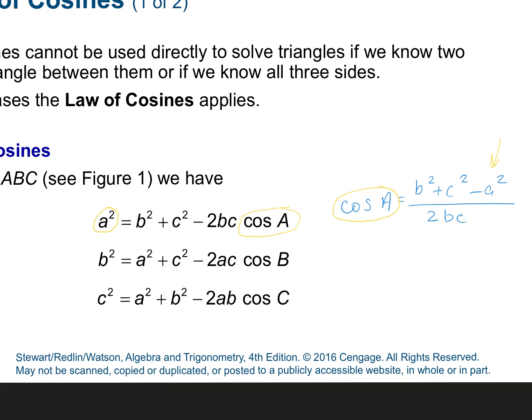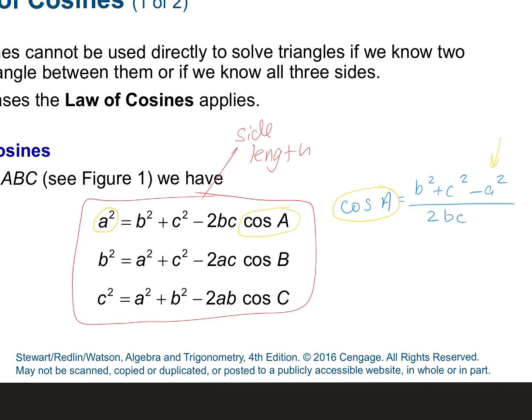You use this form over here when you're looking for side lengths. And you use this form here when you're looking for what? Angles. Good. Now it says cosine of A. So when you use that formula, are you finding the actual angle measure?